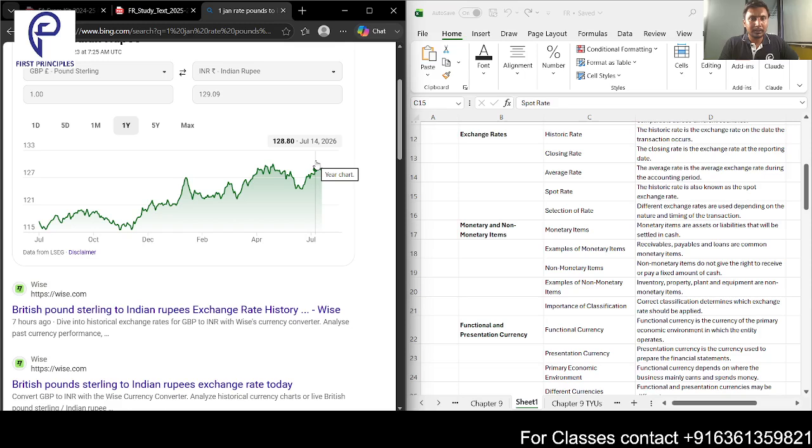You can see this is today. If I go to first Jan, on first Jan it was 121. When me and Mukund got into a transaction on first Jan, it was 121.